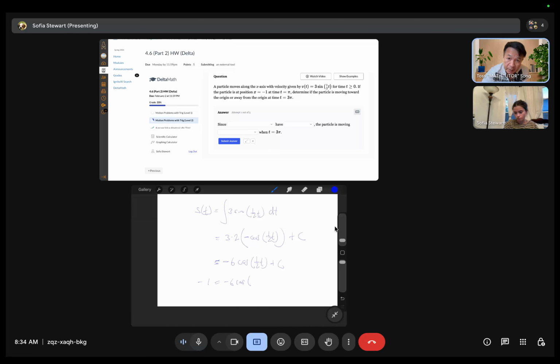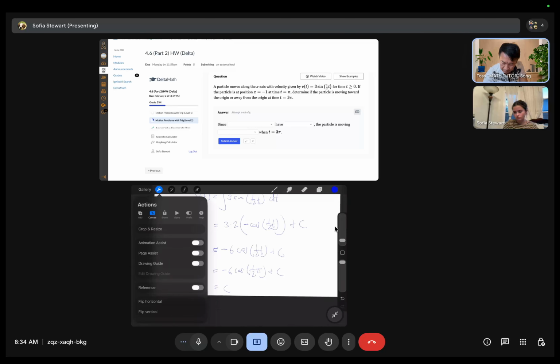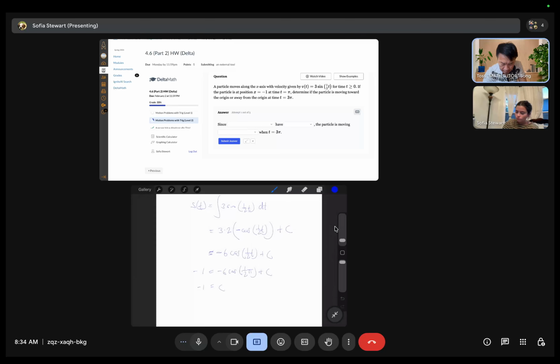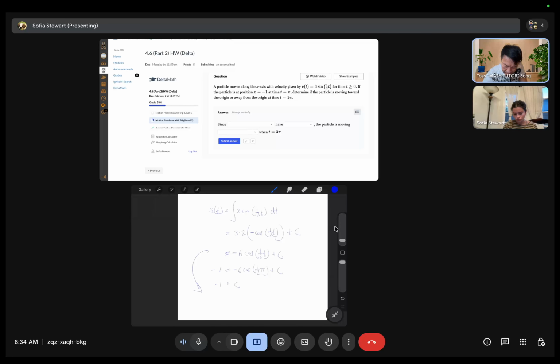Cosine of 1/2 times pi plus c. What is cosine of pi half? Cosine is 0. Therefore, c equals -1. Then we use the function again, s of t. Now you have the complete function: -6 cosine of 1/2 t minus 1.